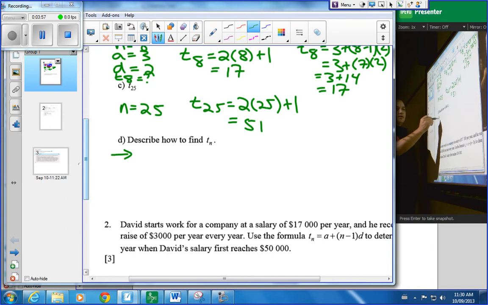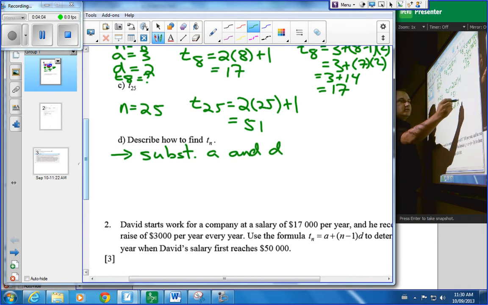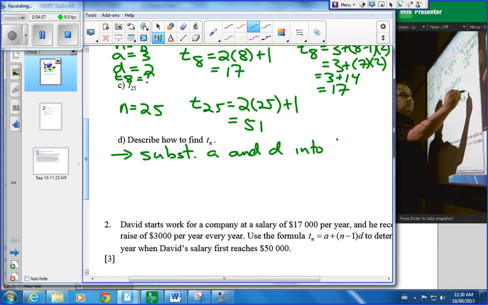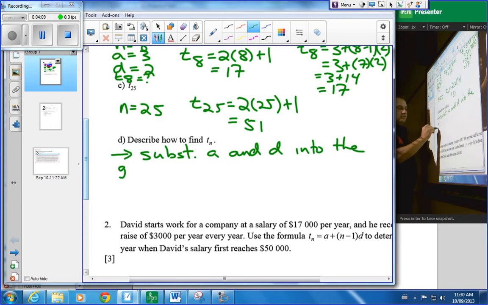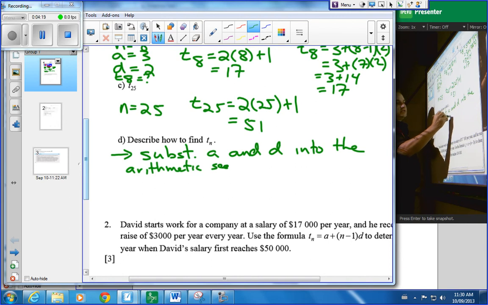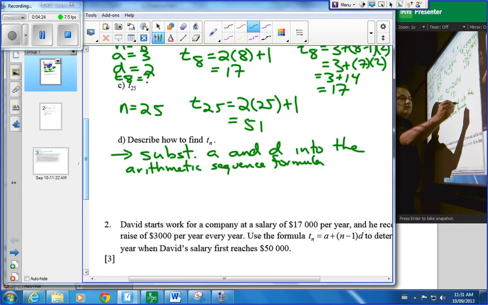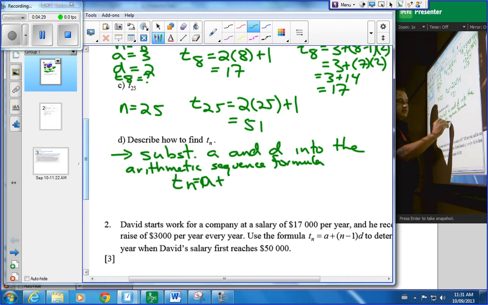I substituted a and d into the, not the general formula, the arithmetic sequence formula, which is Tn equals a plus n minus 1 times d.